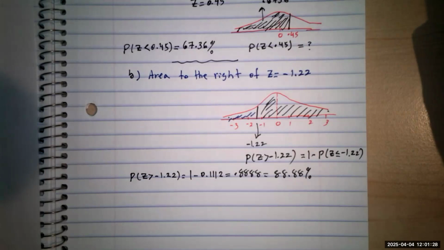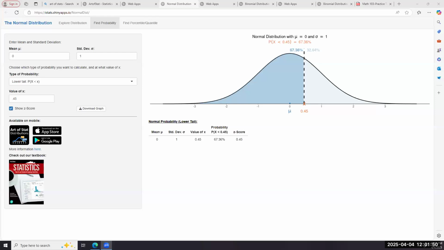Okay, so if you go back to Art of Stats, the situation that we did have, that's a normal curve. Go back to that normal curve that we have. You see, this is the normal curve that we have.